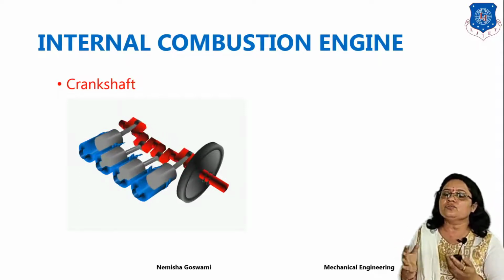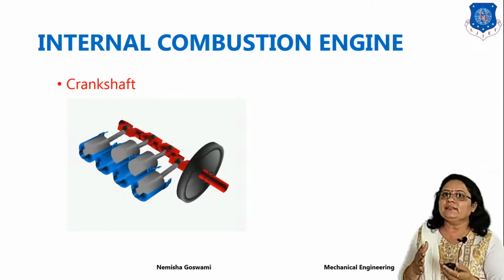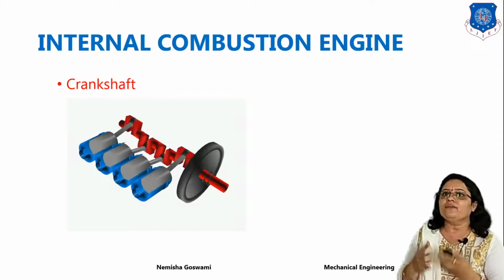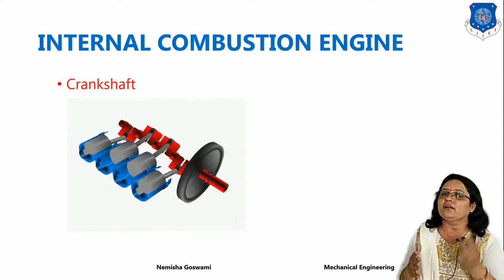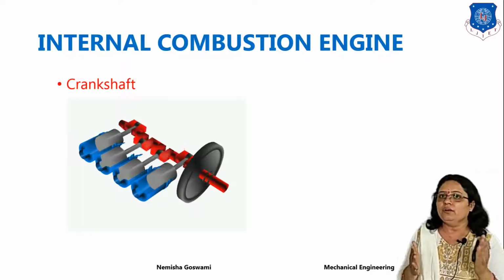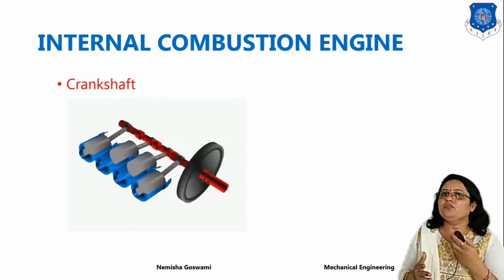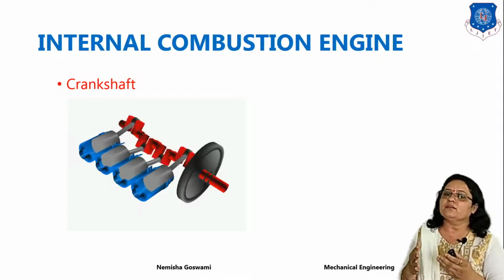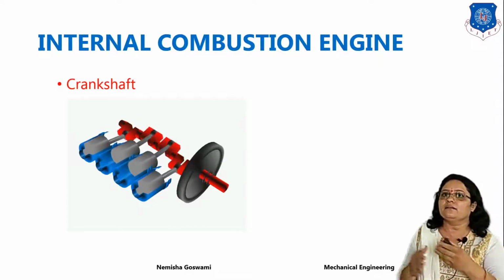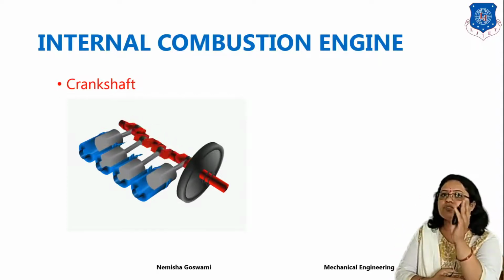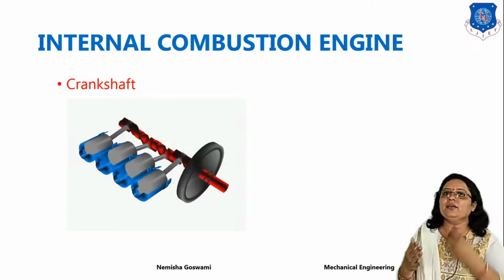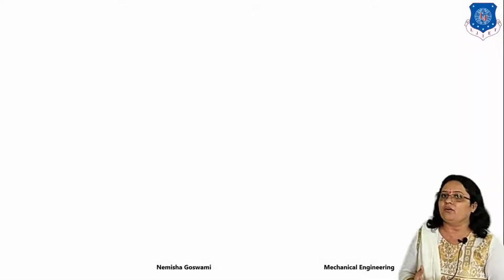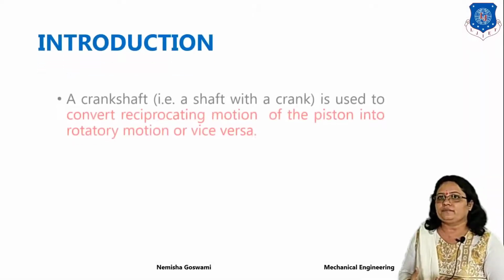Bearings are used to provide support for the crankshaft. Whatever force acts on the connecting rod is transferred to the crankshaft. The reciprocating motion of the piston is transferred to the oscillatory motion of the connecting rod, and finally to the rotary motion of the crankshaft. So this is the basic fundamental of the crankshaft.